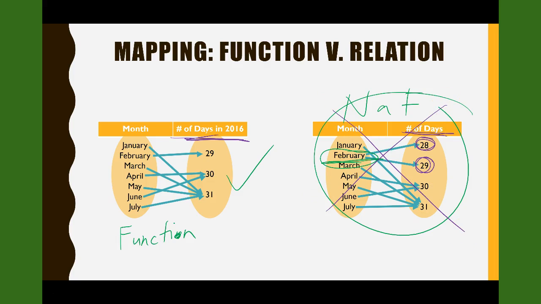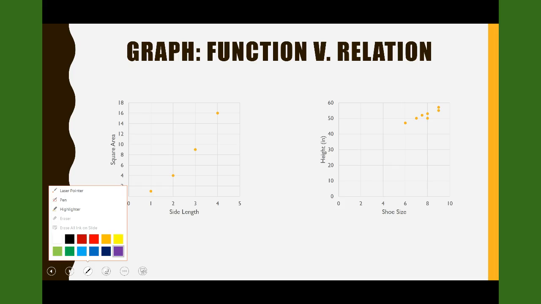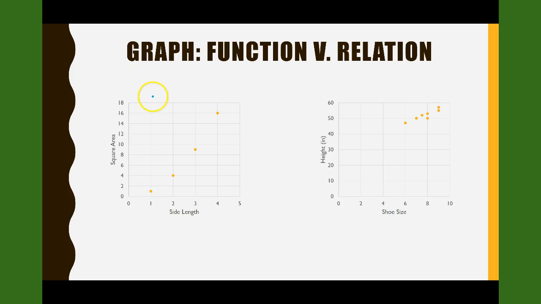Now this graph, again, you can check using the inputs whether it's a function or not. But we have a shortcut when it comes to graphs, and it's what we call the vertical line test.